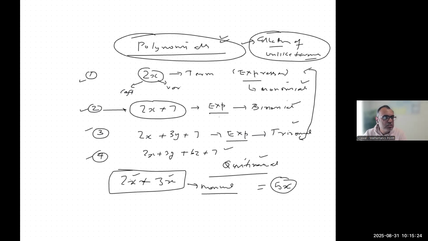Now, let's go to the next one. I'll pop another page now. Let's understand what is the degree of an expression or a polynomial. So a polynomial comes with a term called degree.